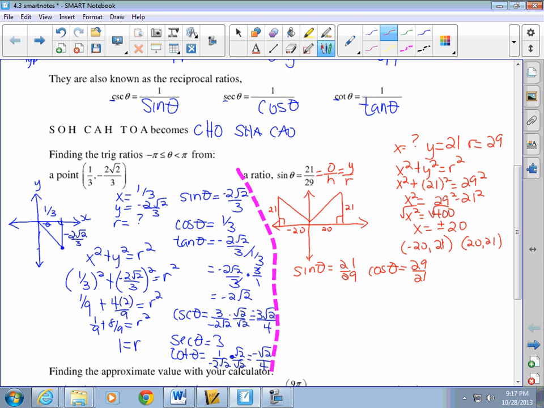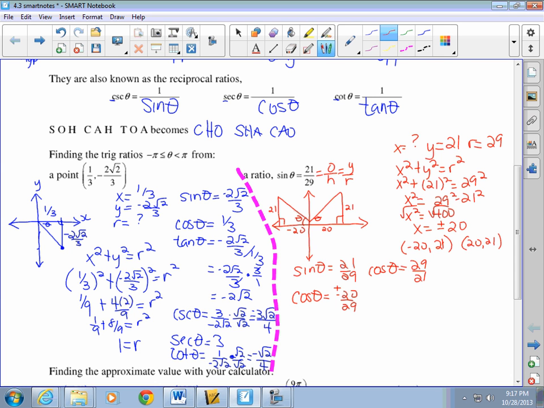So cosine of theta, if this is theta here, cos is equal to adjacent over hypotenuse, so that becomes negative 20 over 29. But I could also do the other value, which was the positive 20.